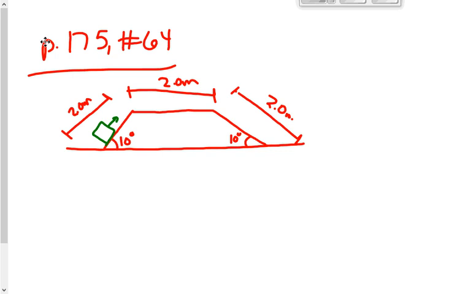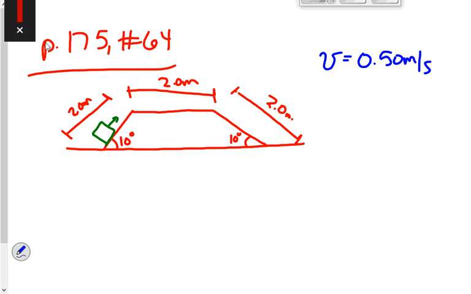All right. So what kind of things do we know? Okay. And what else do we know? We know what the mass of the box is, right?